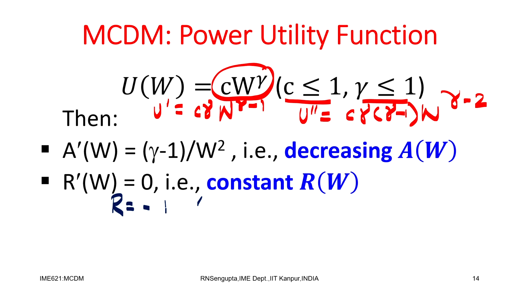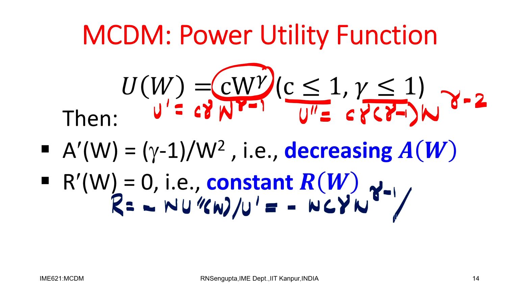So, it is W U double prime by U prime. So, it will become minus, oh there is a minus sign, minus W C gamma W to the power gamma minus 1 divided by C gamma gamma minus, did I make a mistake?